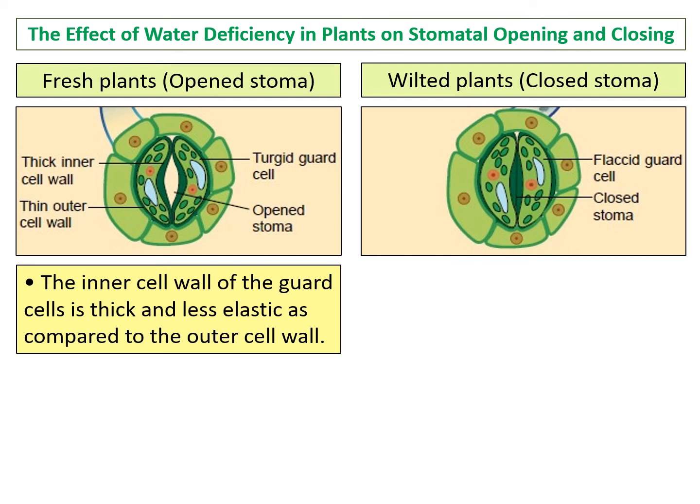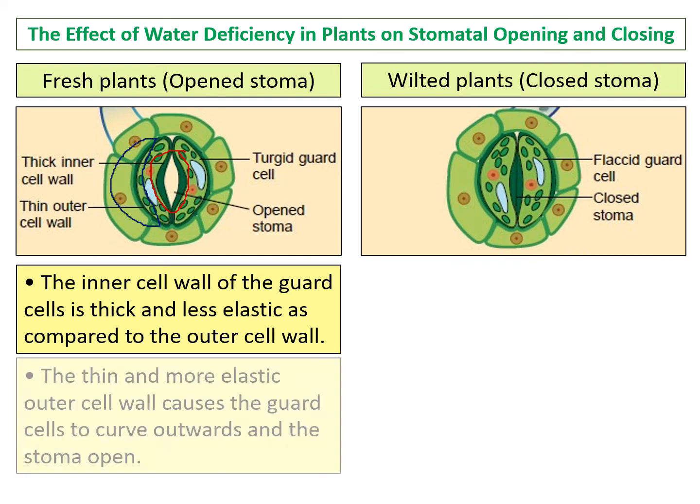So this is the inner cell wall, and this one is the outer cell wall. The thin and more elastic outer cell wall causes the guard cell to curve outwards and the stoma opens.